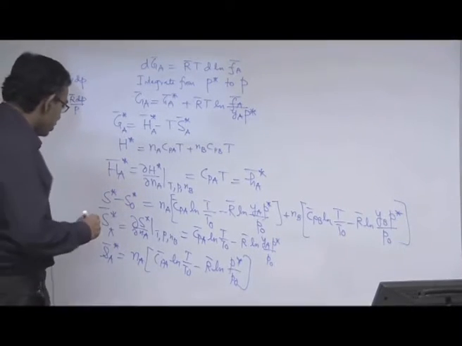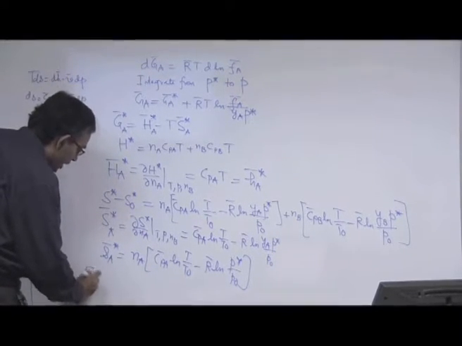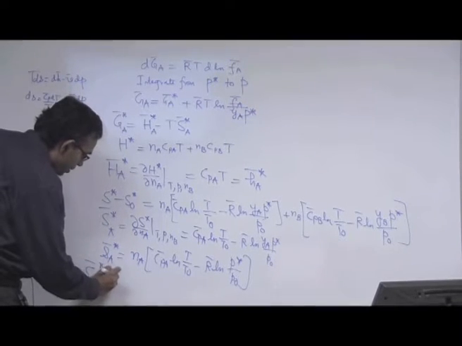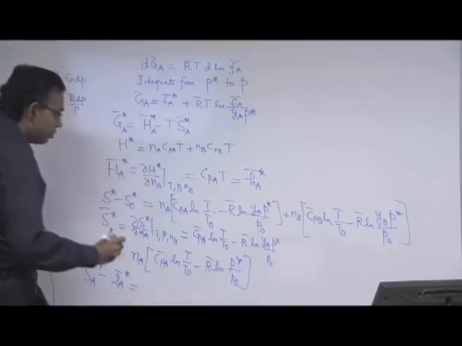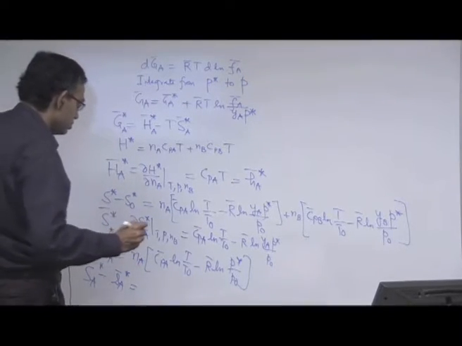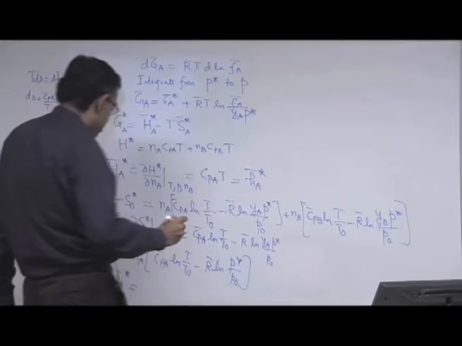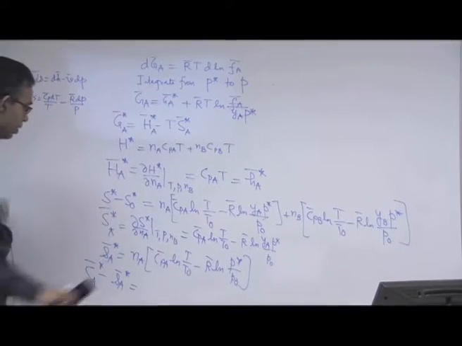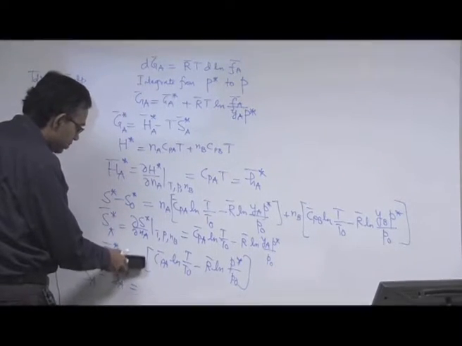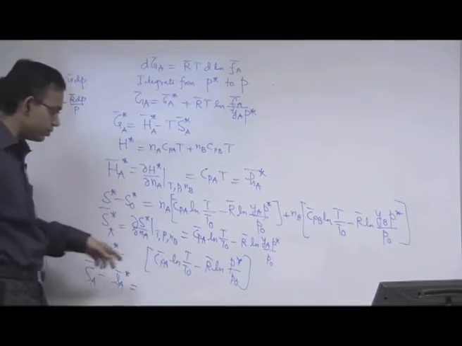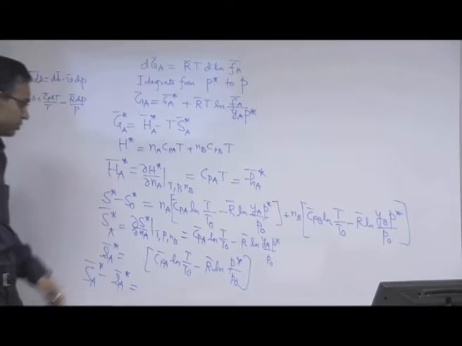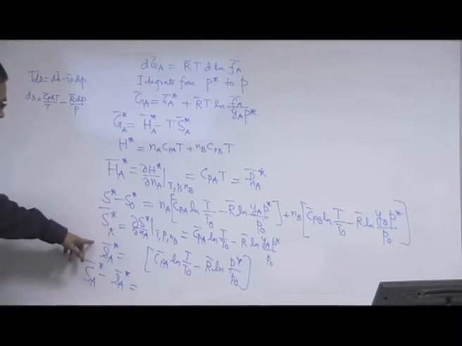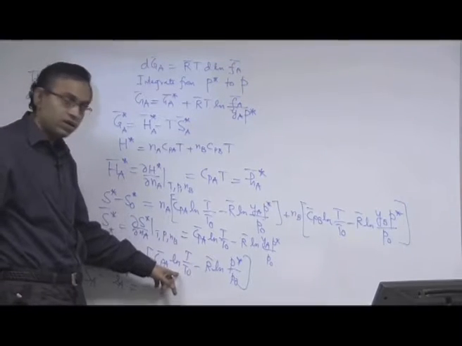So now if you subtract these two, capital S star minus small s star is equal to, sorry, this Na will not be there because this is per unit number of moles of A. So Na is not there, this is molar property, per unit number of moles. So S star minus small s star, the Cp ln T by T0 term gets cancelled.